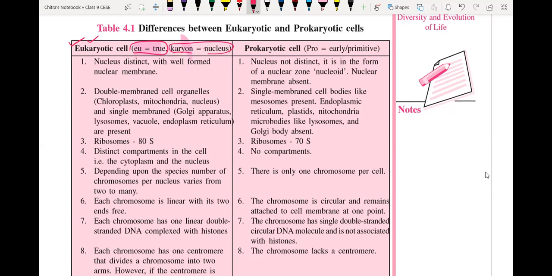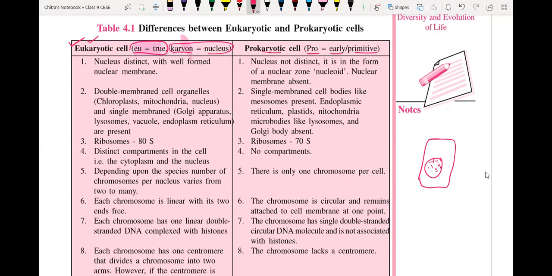What is the meaning of prokaryotic cell? Pro means early, or primitive, meaning it is the old one. And again karyon means the nucleus. So those cells in which a primitive nucleus is present. Primitive nucleus means where only dense material is present and it is not separated by a nuclear membrane.